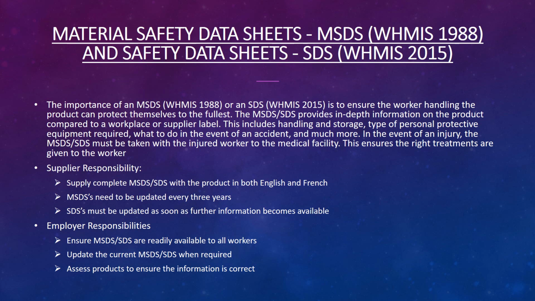Employer responsibilities: ensure material safety data sheets and safety data sheets are readily available to all workers. Update the current sheets when required. Assess products to ensure the information is correct.